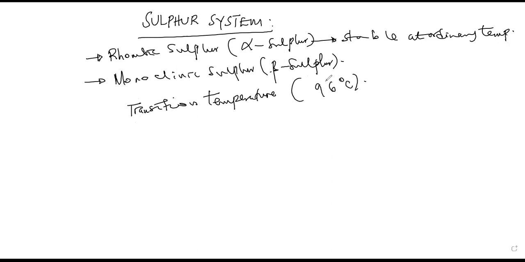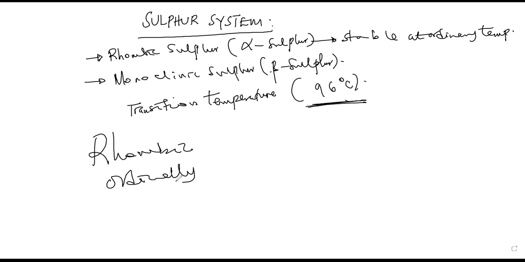When you gently heat rhombic sulfur up to 96 degrees Celsius, it is converted to monoclinic sulfur, because at this temperature they are in equilibrium with each other.